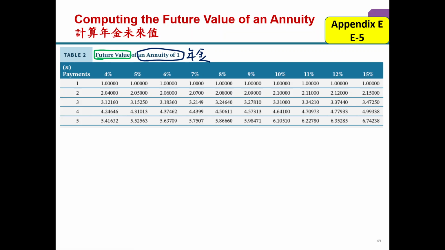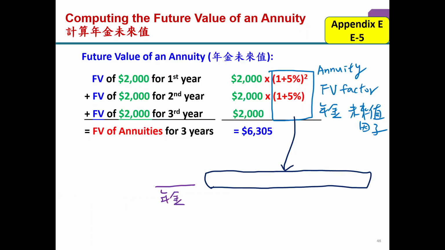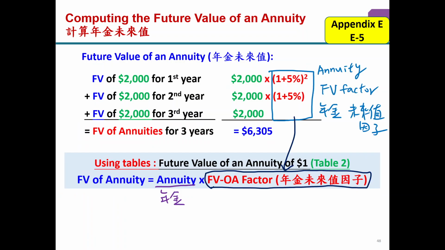Again, what's N? What's I? Total annuity occurred 1, 2, 3, 3 times. For 3 years, 3 times. Okay, what's I? 5%. So I'm going to use N is 3. What's I? 5%.